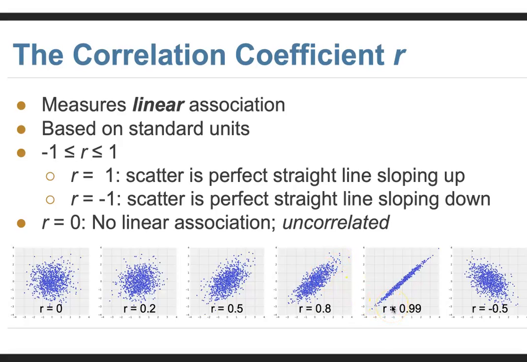On the other hand, R equal to 1, the scatter will be a perfect line. If your correlation coefficient is negative, they have negative association, so the data will be on the top left and bottom right.